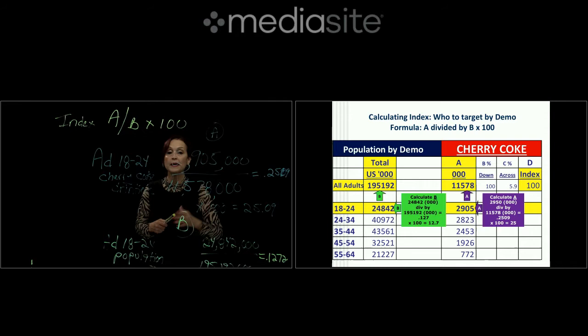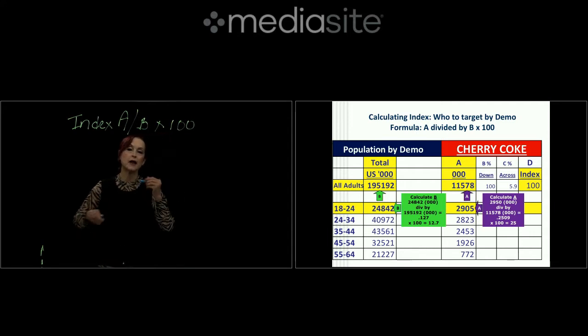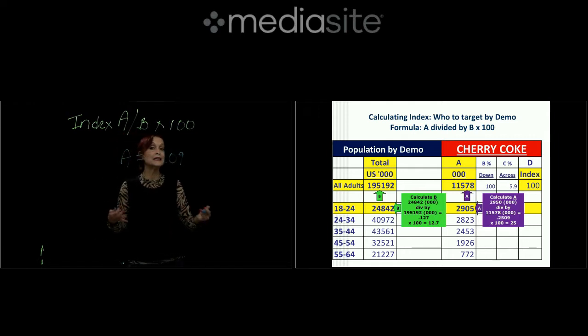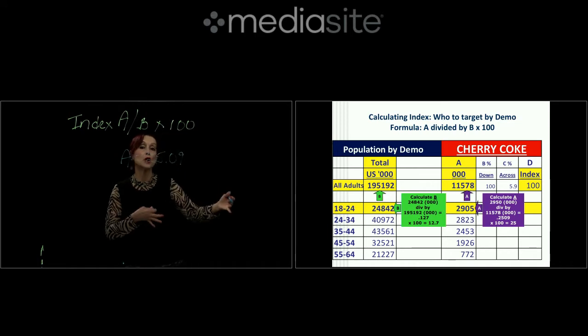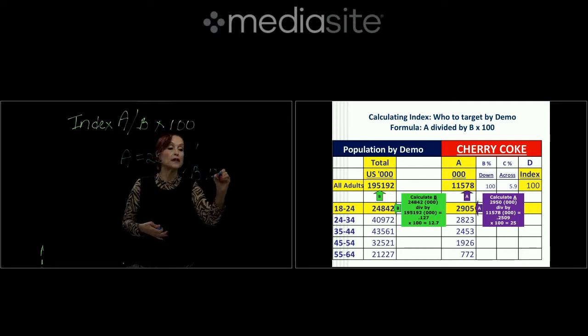So now let me erase the board. Now that we calculated A and B, we're ready to calculate the index. So let me write this down. Remember, A was 25.09, which is the percentage of adults 18 to 24 that are cherry Coke drinkers, divided by your B, which is 12.7.